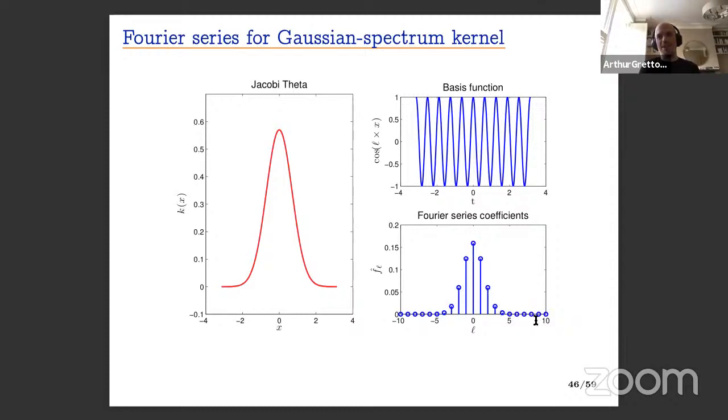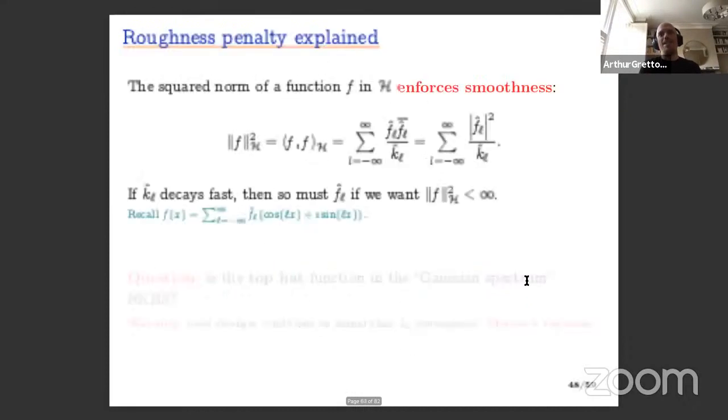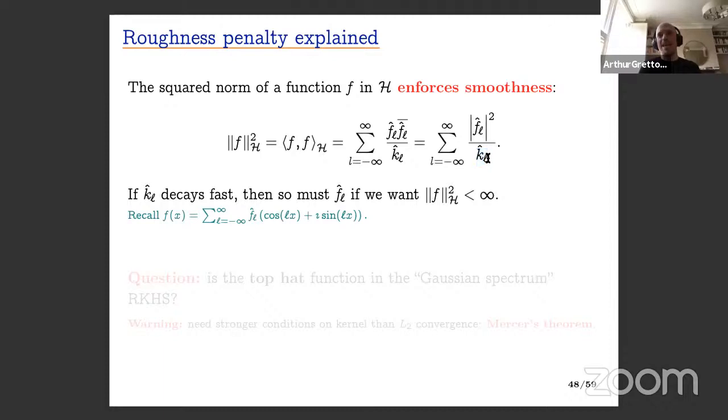Okay, they're decaying very, very quickly. Now that means that 1 divided by K hat L increases very, very quickly. So that means that if I want my norm to be finite, these f hat Ls had better decay fast. Otherwise, this sum is going to explode.